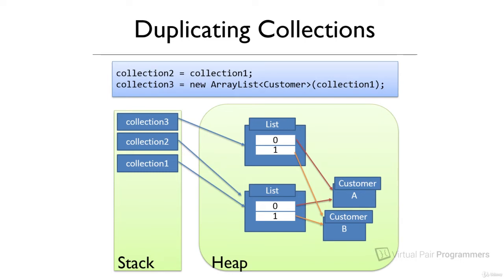Now, the possible downside of this is that the client is still free to mutate the collection that they have been passed, although it's their own personal copy of the collection that they would be mutating. If they do make a change, well, they're not corrupting the original data source. So in this example, if I change the first item in the list to point to a different customer, that doesn't impact my original collection1.